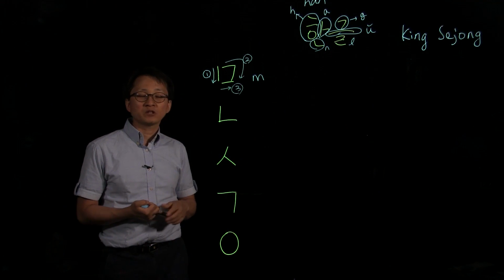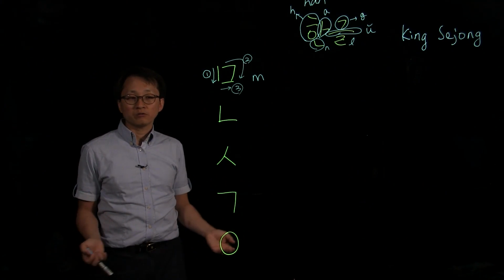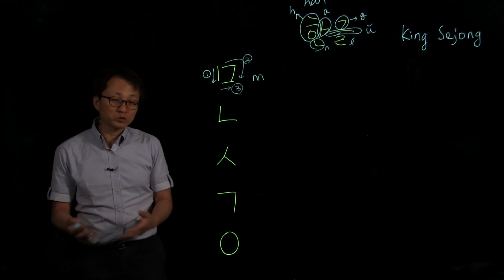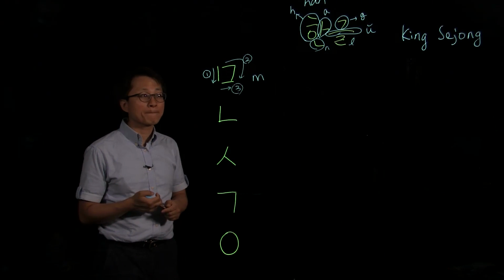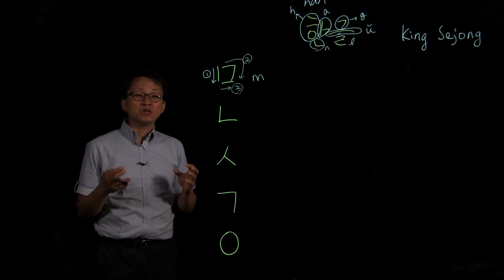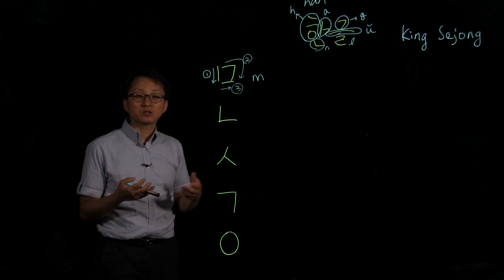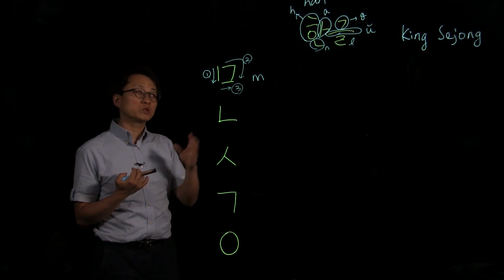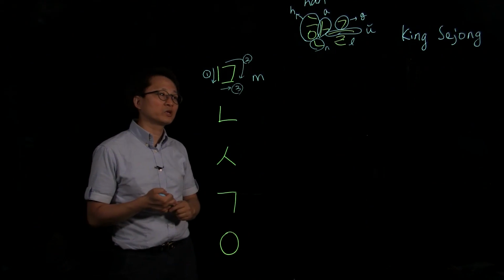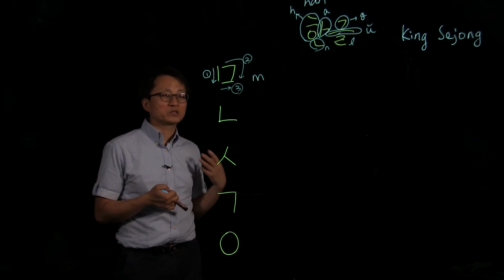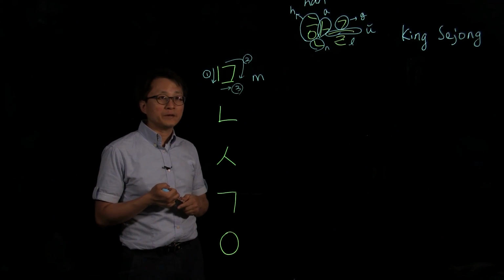So King Sejong felt pity on the common people because most of them were illiterate at that time. So King Sejong invented a writing system that can represent the Korean language, which is Hangul. So we always commemorate King Sejong, and we call him King Sejong the Great.